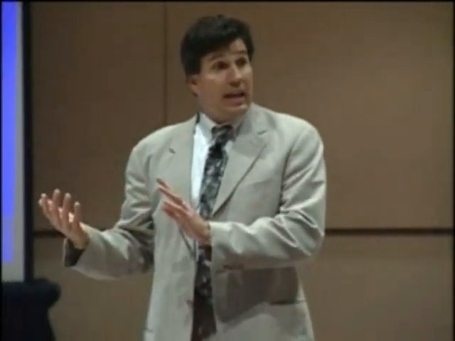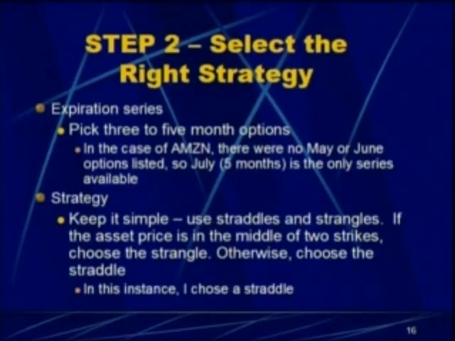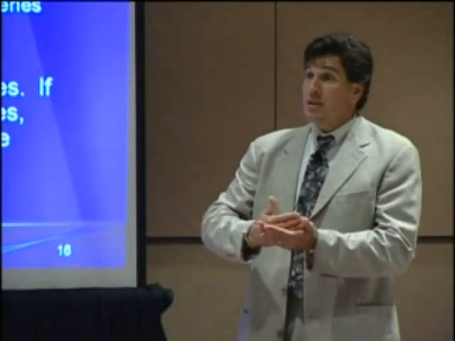Well, this gives us an opportunity to avoid a catastrophic loss. If the move takes 3 months, I want to buy a 4-month option. If the move takes 2 months, I want to buy a 3-month option so that I can avoid that catastrophic time decay as the option gets closer and closer to expiration.